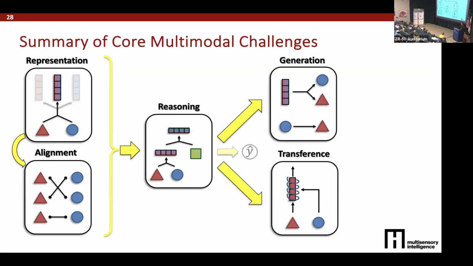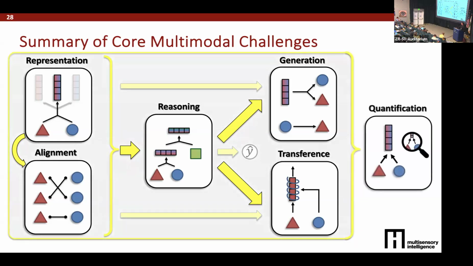There's also a challenge of transference. So instead of just making a prediction on one problem, you're trying to transfer higher resource to low resource problems. And finally, quantification is this magnifying glass that aims to revisit each of these challenges and aims to provide a deeper empirical and theoretical understanding of what works and what doesn't.